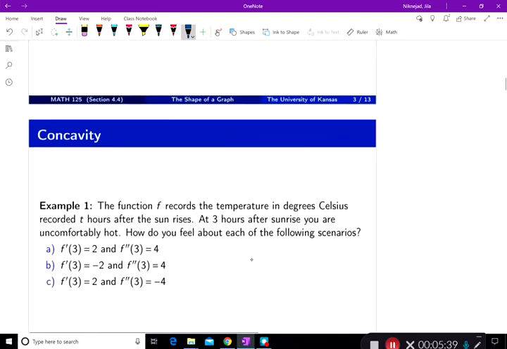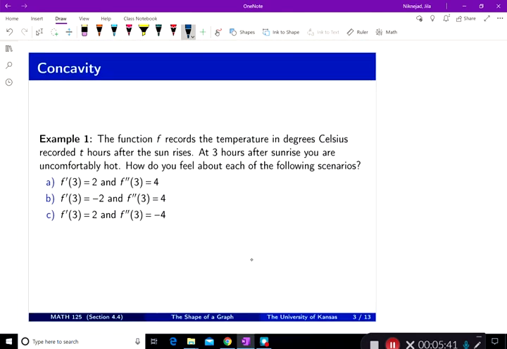Then I have the option that f prime of 3 is 2, and f double prime of 3 is negative 2. So it's right here. This is a better option than A, worse option than B, because it's still increasing, but it's not increasing as sharply as A did. That was the worst option.